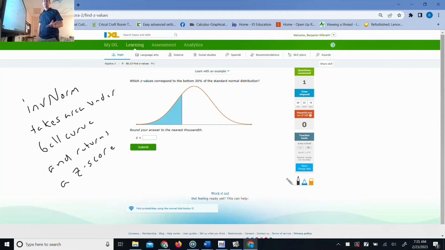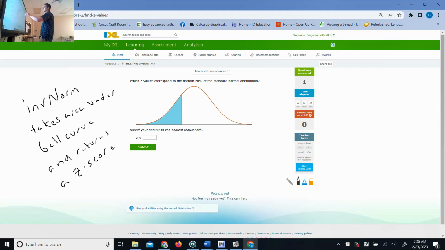A z-score is nothing more than a standardized unit. You take the standard deviation and get it down to 1 unit, as opposed to being 12 or 13 standard deviations. It's like 1.5 standard deviations. But we're going to use a function called inverse norm.